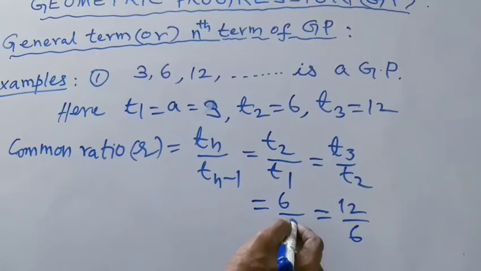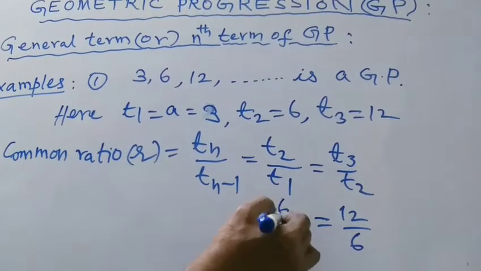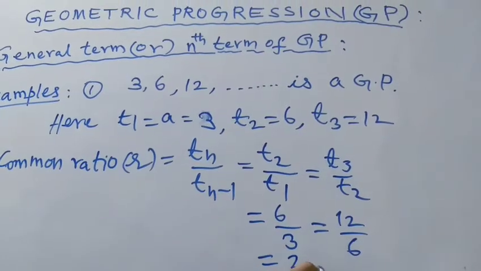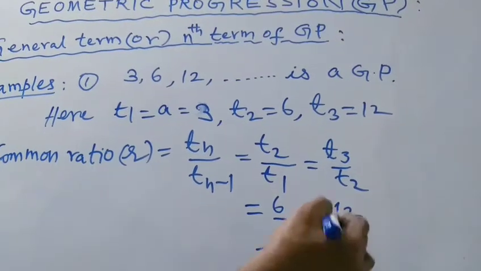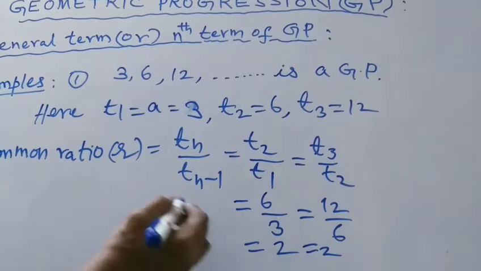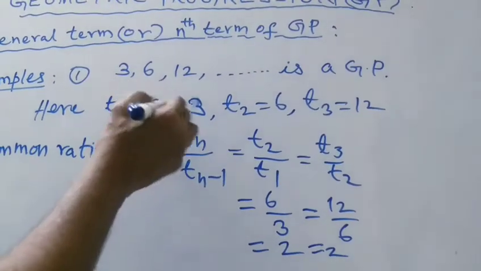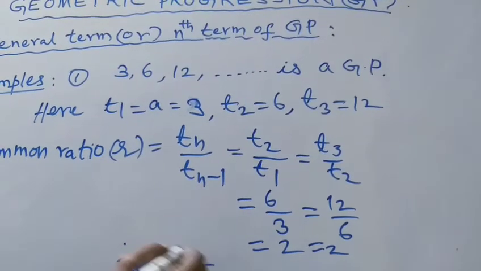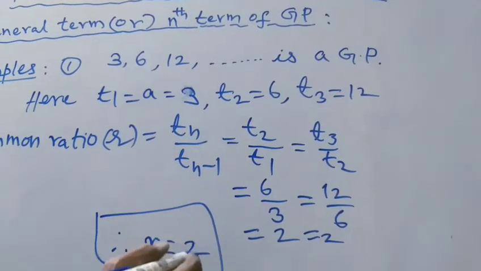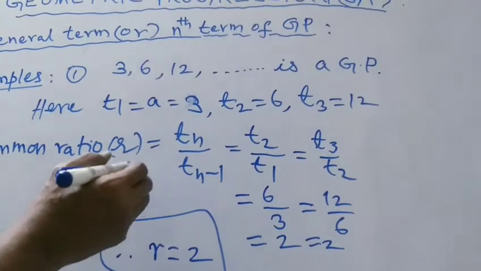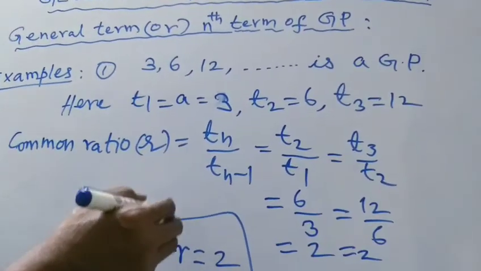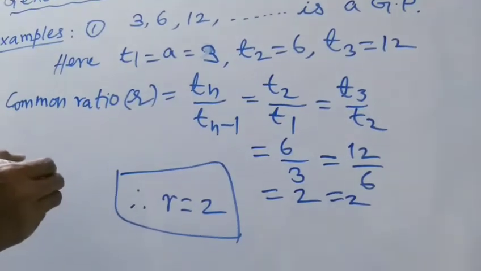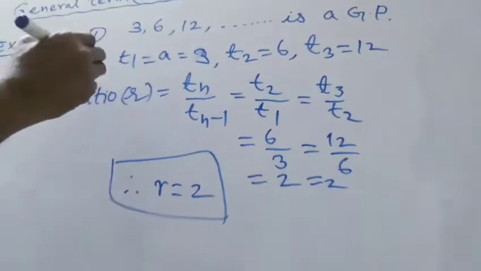Cancelling, 3 ones are 3, 3 twos are 6, and 6 ones are 6, 6 twos are 12, so the ratio is 2 each time. So the common ratio of this sequence is 2, therefore R is equal to 2. For all these terms we have confirmed the common ratio is the same. So it is confirmed that the given sequence is a geometric progression.